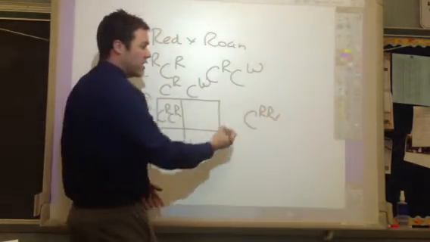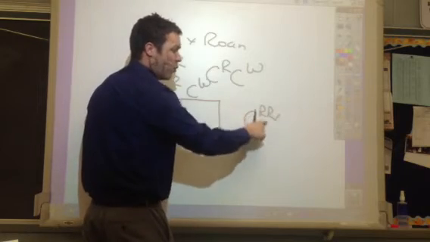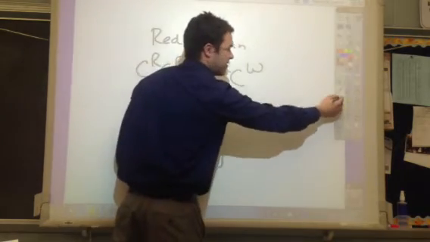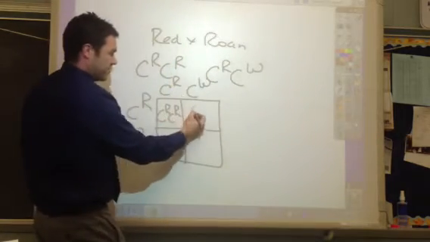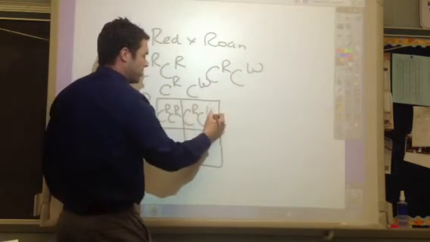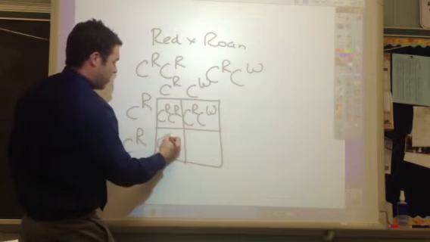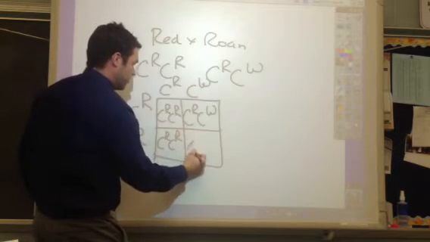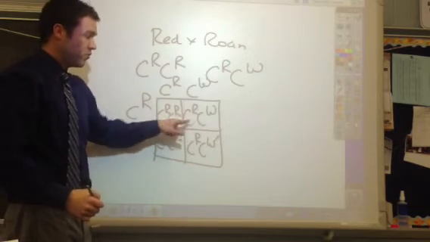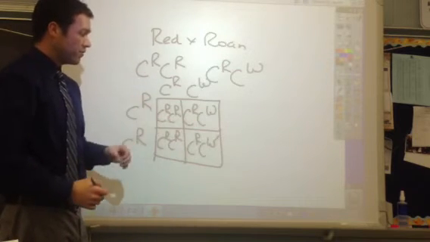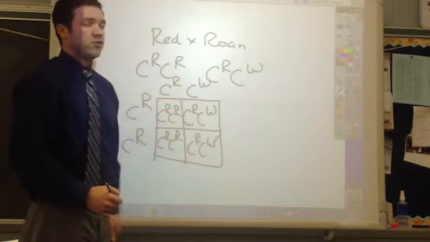That's not the notation. The C with the R is kind of one unit. So you would have to rewrite that second one. I've seen people do it. Don't do it. So you would have to write it as this, or C^R, C^W. C^R C^R, C^R C^W. So genotypically it's a 2-to-2 ratio. Phenotypically it's also 2-to-2: 2 red to 2 roan.